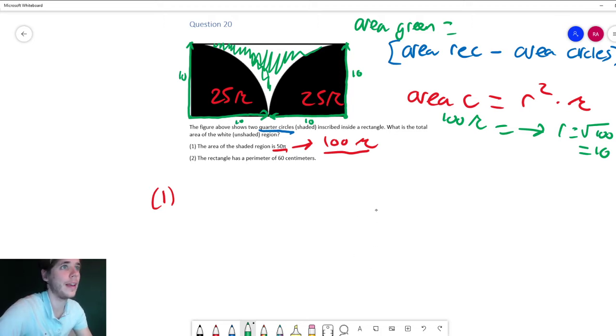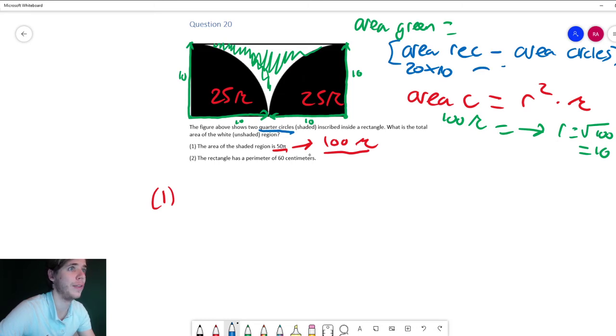Okay. Can we then calculate the area of the rectangle? Yes, because it's twice the radius. Here it's twice the radius, so 20 is the length and the width 10. So 20 times 10. We don't have to calculate it, of course. It's data sufficiency, but we can calculate the area of the rectangle, and we even know the area of the circles, 50π.